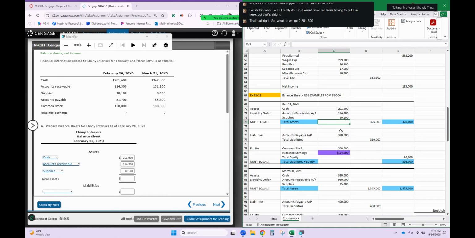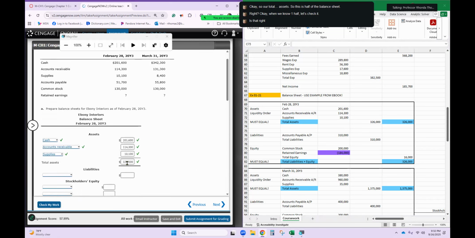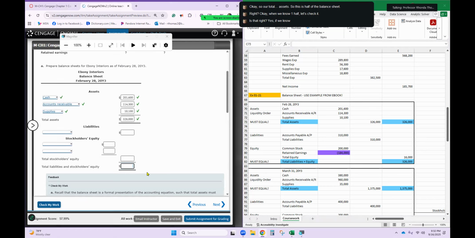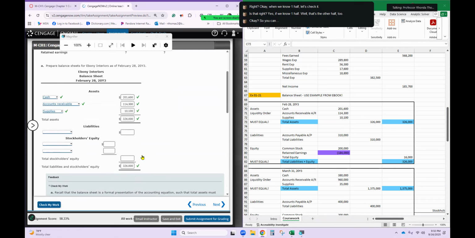Okay, so our total assets. So this is half of the balance sheet, right? When we know one half, let's check it. Is that right? Yes, if we know one half, well, that's the other half too. So you can double check that.